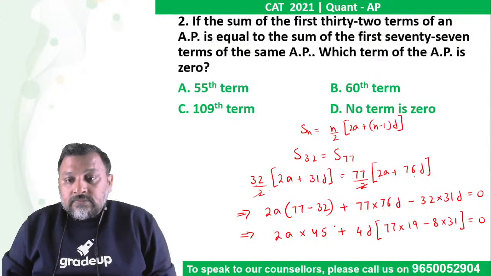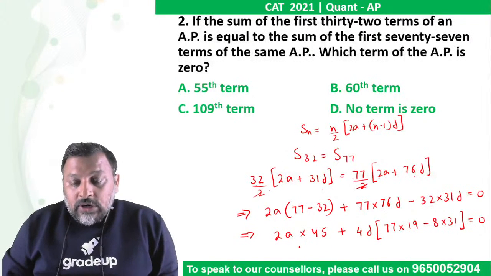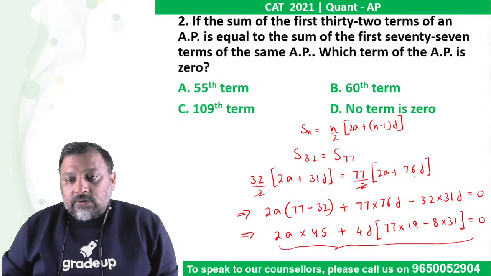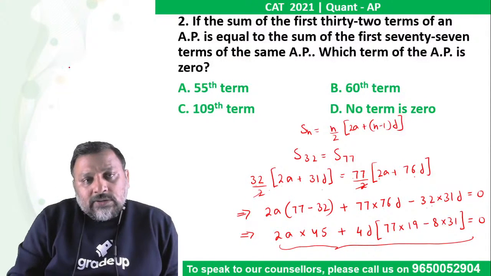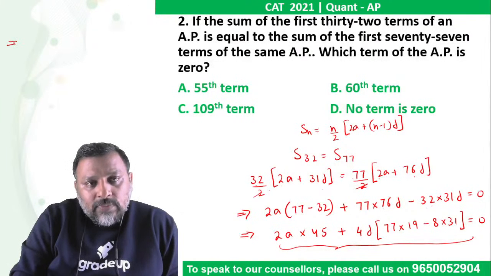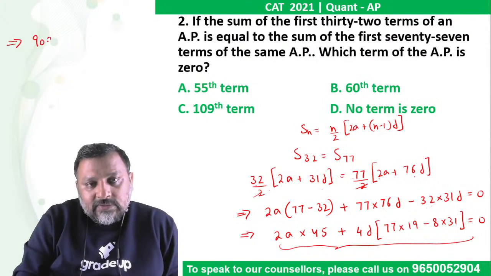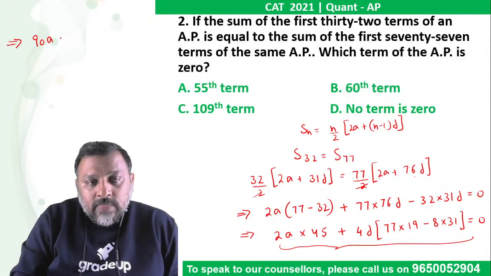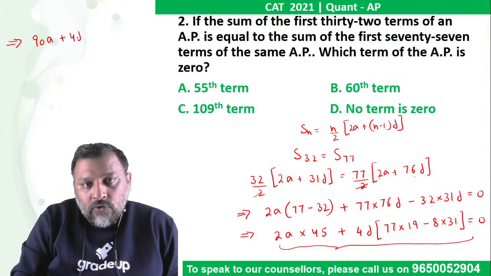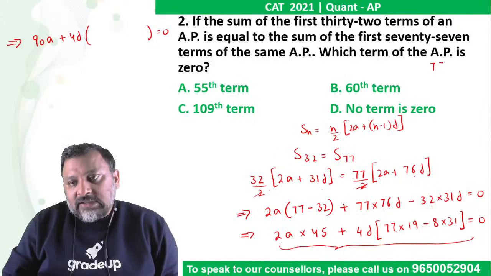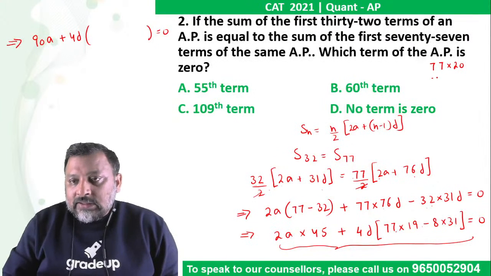So now you just need to calculate this and it will be a bit time consuming. You can calculate it. It will take time but it is not a very complex calculation. So 2 into 45 we know is 90a, plus 4d and in the bracket we are left with 77 into 19. We all know 77 into 20 is 1540.